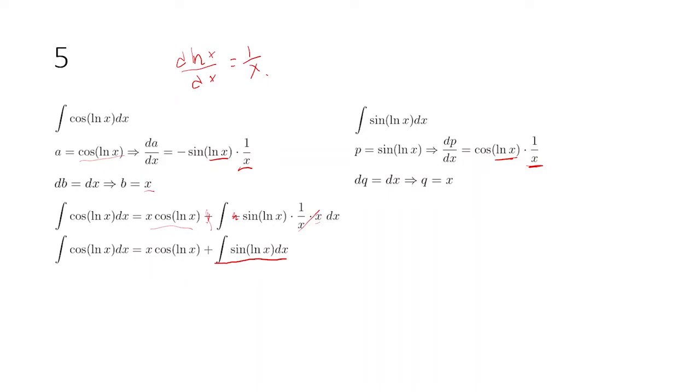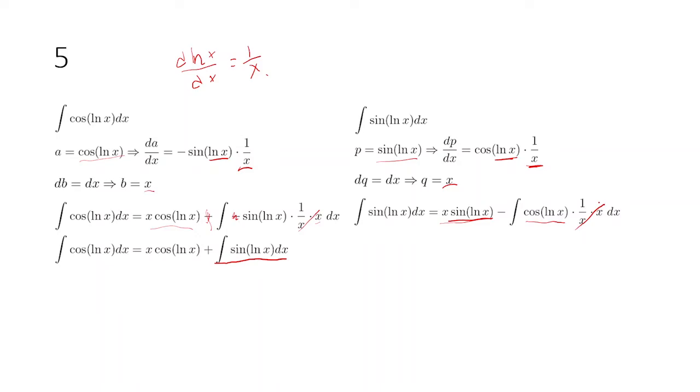Now we can find that the integral of the sine of natural log of x with respect to x is x multiplied by the sine of natural log of x right here, minus the cosine of the natural log of x multiplied by 1 over x, like here, multiplied by x dx. These two cancel out.